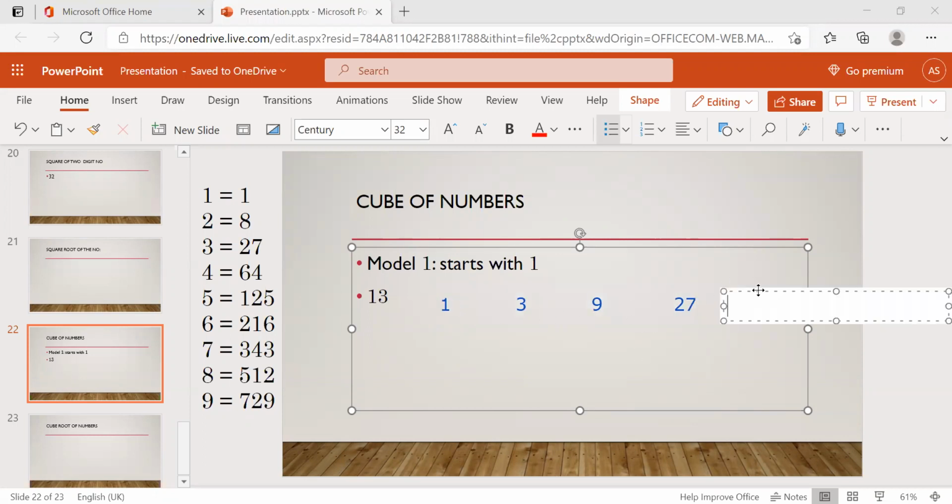Then here, just double the middle numbers, leaving the first one and the last one. Double 9, nothing but into 2, 9 into 2 is 18. 3 into 2 is 6. I made a mistake earlier, it is 6, right?